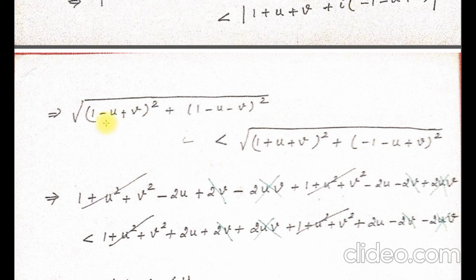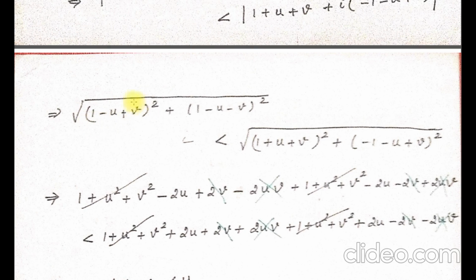Then I am having 3 terms. You should take at a time 2 terms, that is 1 and minus u, then 1 and v, and minus u and v, so that I will have 3 combinations.